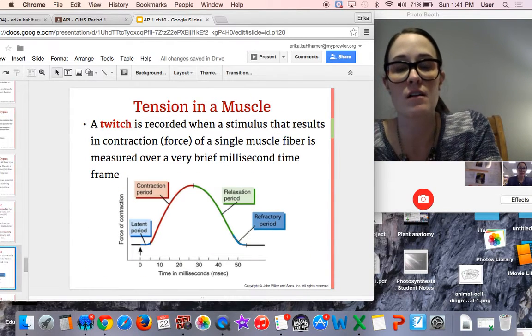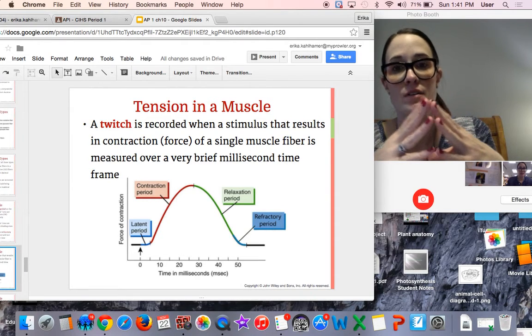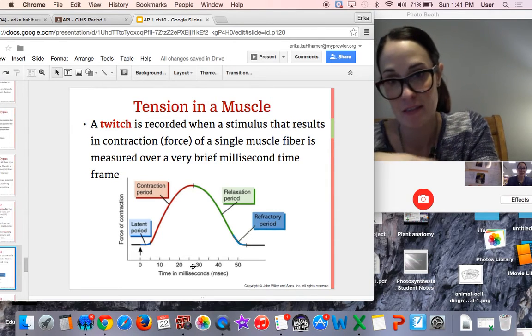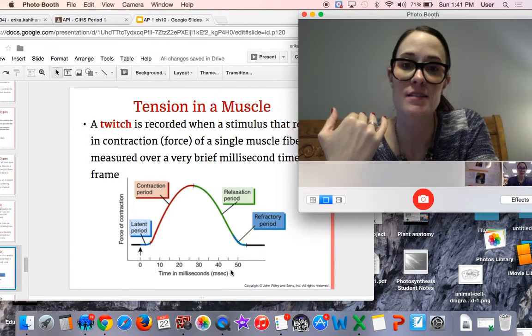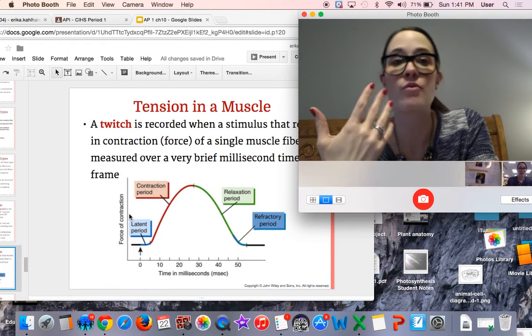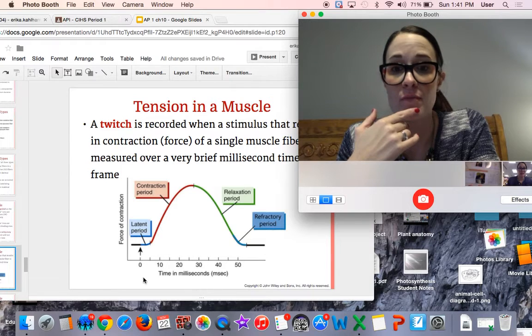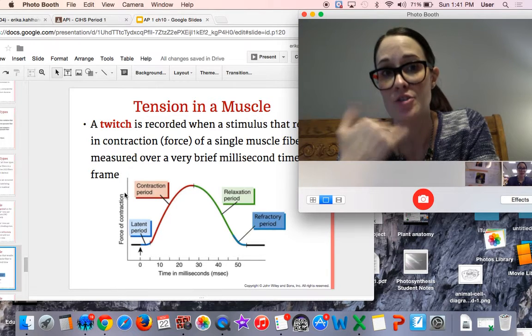So this is called a muscle twitch. One contraction of a single muscle fiber is called a muscle twitch. And this is graphically represented. Time in milliseconds on the x-axis and the force of contraction. It does look similar to our other graph, but notice that it's a different y-axis label. It's a force of contraction, okay?